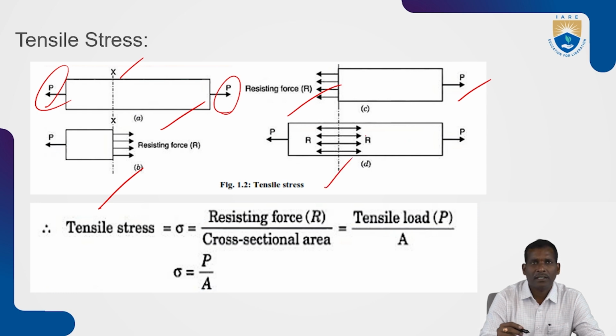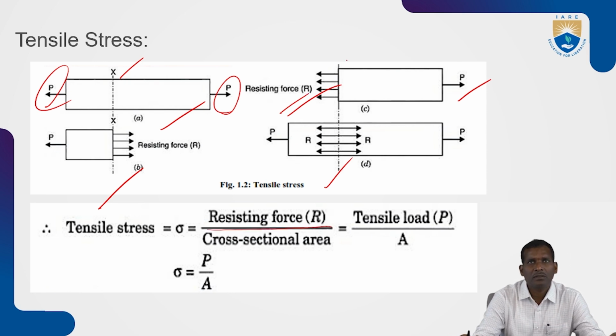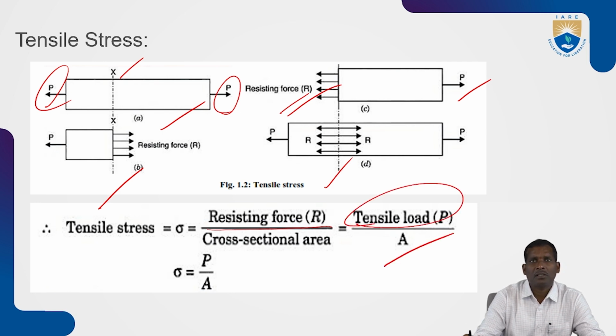So you can calculate tensile stress is equal to resisting force, which you can represent with R, upon cross sectional area. The resisting force is nothing but the tensile load, and the cross sectional area is A. So now you can calculate stress as load per area.